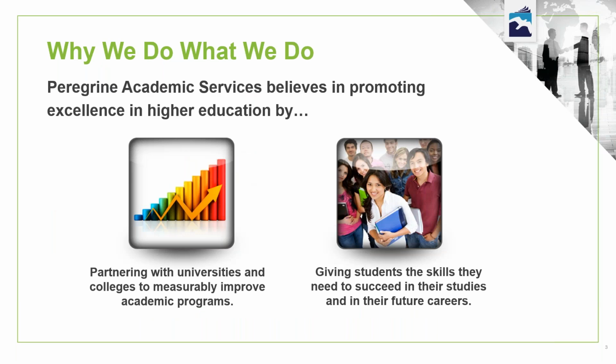Specifically for Peregrine Academic Services, where the B-School Connection falls, we're striving to build thought partner relationships with our colleges and universities to, one, help measure and improve academic programs, and two, help give students the skills they need to succeed not only in their academic programs, but also in their future professional careers.